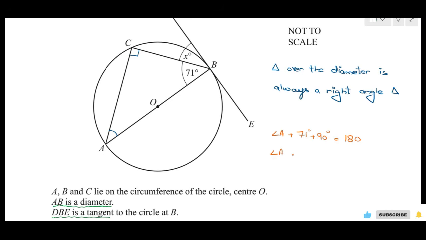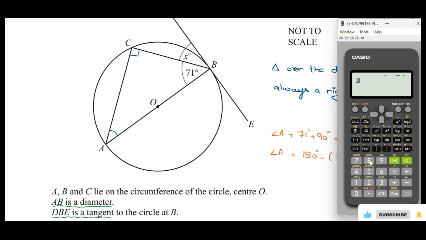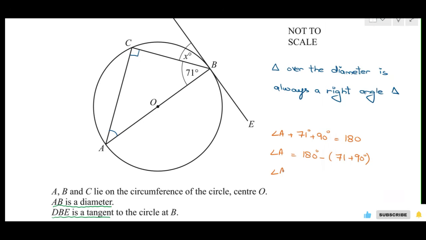So angle A would be equal to 180 minus the sum of 71 and 90. This is 19 degrees. So angle A is 19 degrees.